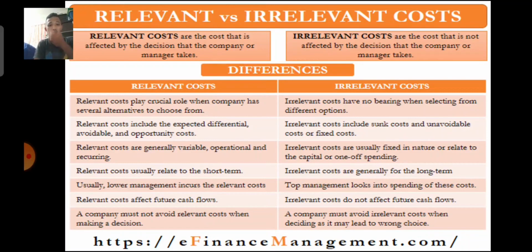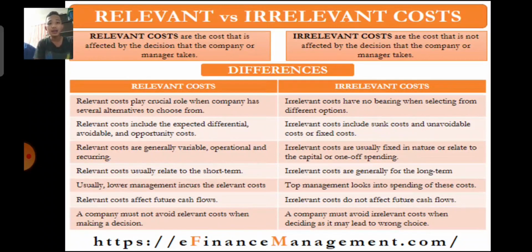Relevant costs affect the future cash flow, and irrelevant costs do not affect the future cash flow. For example, if we buy a new car, of course the future cash flow will decrease. How about the irrelevant? It will not be included because it's fixed.